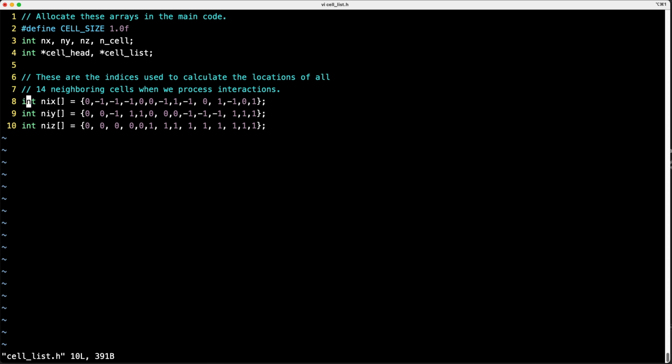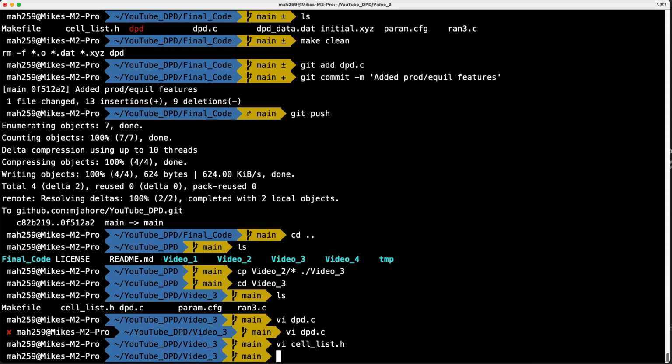Remember that there are 14 elements in these NIX, NIY, and NIZ arrays. If I iterate through each of these elements of all three arrays, they give me the indices of the neighboring cell for cell 0, including cell 0 itself. If these are all equal to 0, then cell 1 will be equal to cell 0. And in all of these, we specify the cell in the different direction. So that's what we're doing here.